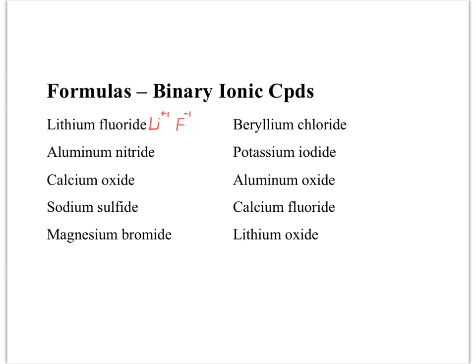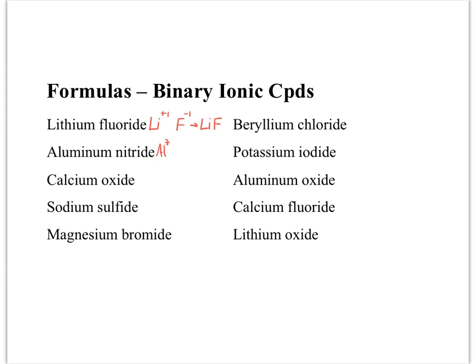This is a simple one because the positive charged metal and the negative charged nonmetal, the charges already add up to 0. I don't have to crisscross them at all. When they combine, if I do, it would be 1 and 1, so whatever. They combine in a 1-to-1 ratio to make a compound. Aluminum nitride.